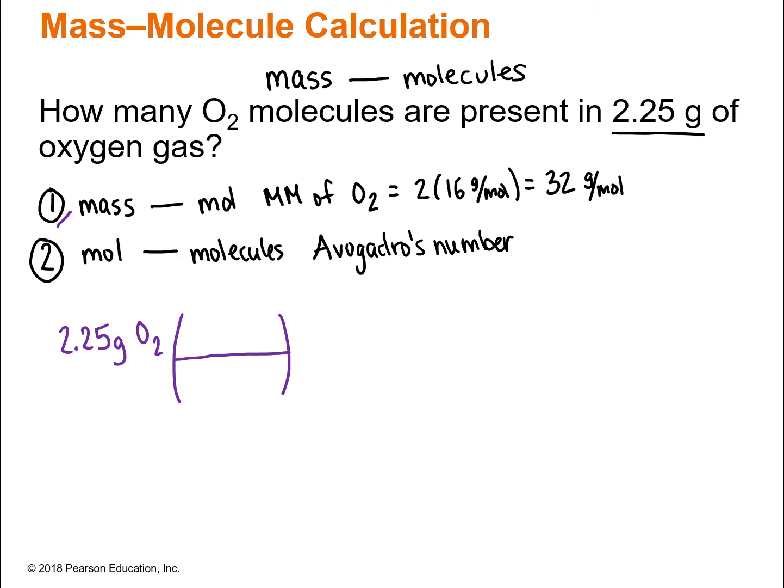Top or the bottom? We're going to put them on the bottom, that's right, because we have to be able to cancel them out. On the top, you're going to put 1 mole of oxygen gas. If you did that and stopped there, you'd know how many moles of oxygen gas you have in 2.25 grams.